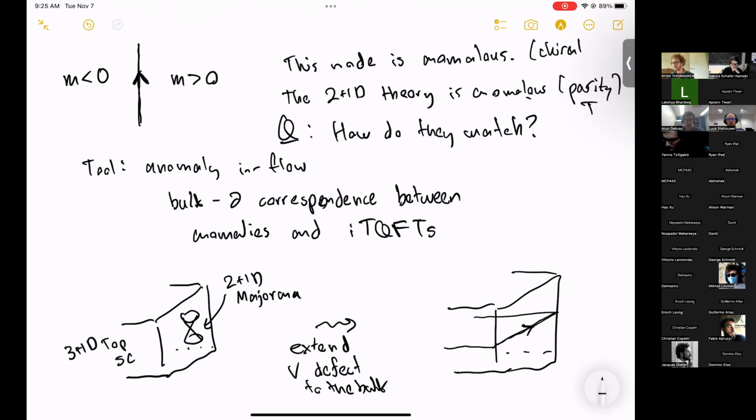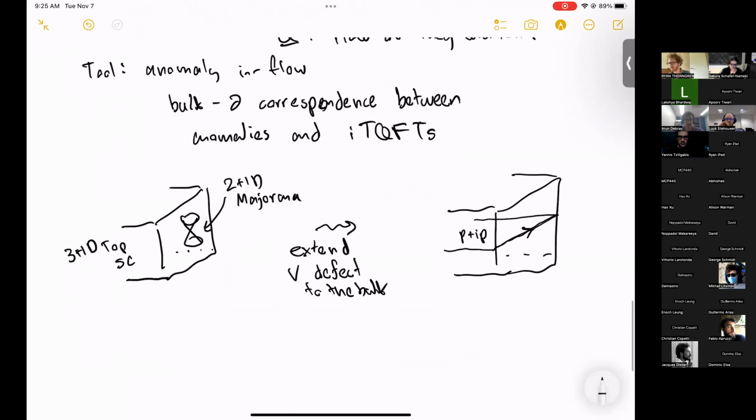And evidently, there's going to be some invertible TQFT on the V defect of the bulk, which is going to control the chiral anomaly. For this 3+1D topological superconductor, if you go through the exercise, you'll find a p plus ip superconductor on this domain wall, which explains the existence of the chiral Majorana there. Of course, these are all known facts about topological superconductors, but I'm just going to put them into some kind of framework.